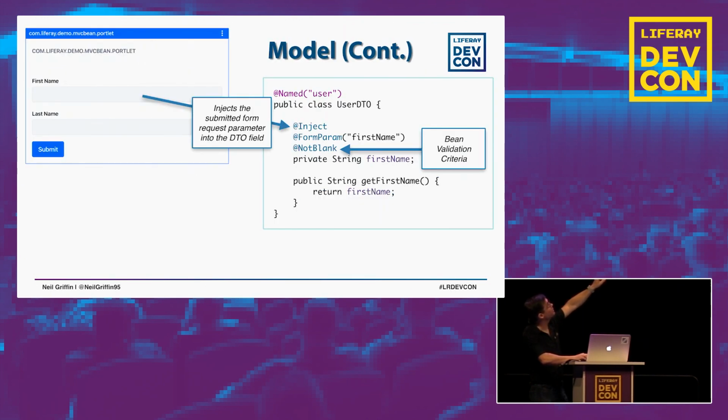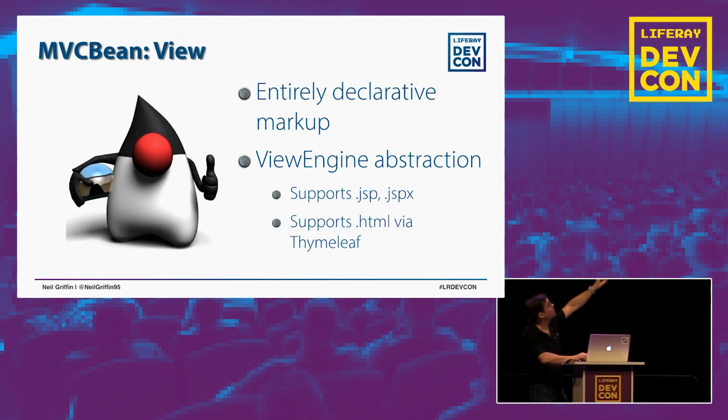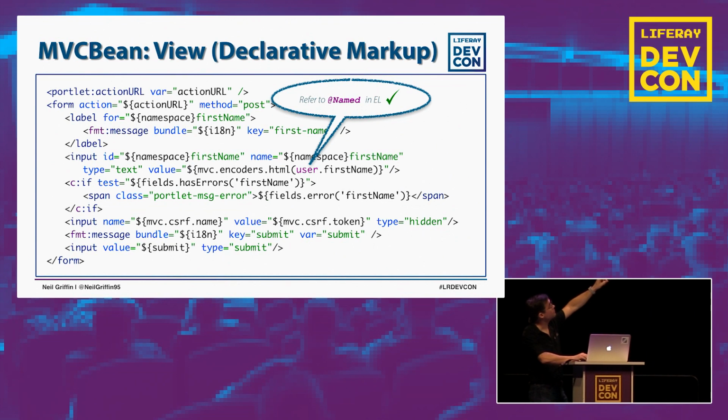If you can see in the code on the right, where I'm using the @Named annotation, that makes the user keyword available to the expression language. So I'm able to access first name right there in the EL. So anyway, it's a very straightforward declarative markup style. There's no JSP scriptlets in it. And I have equivalents of this with HTML Thymeleaf.